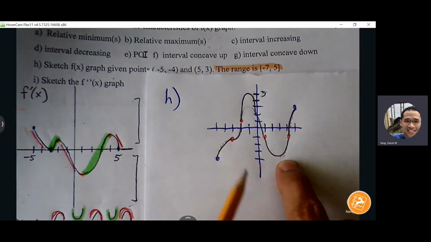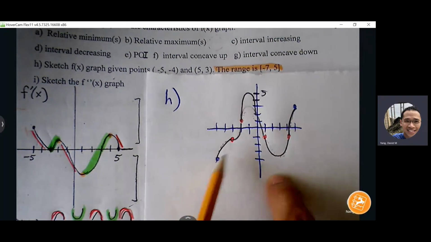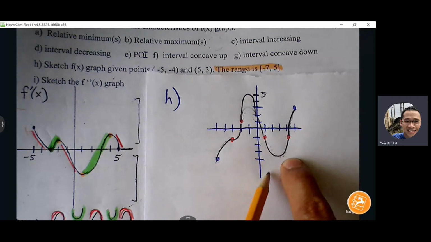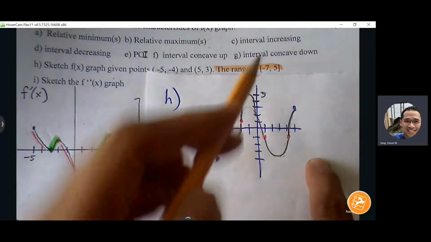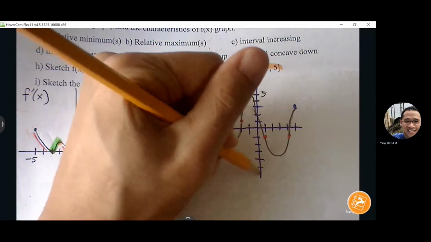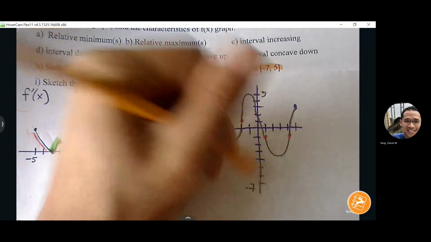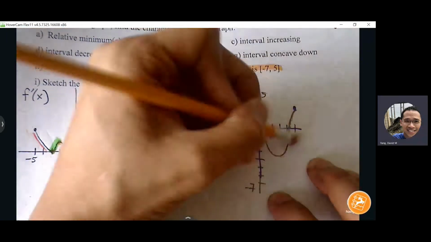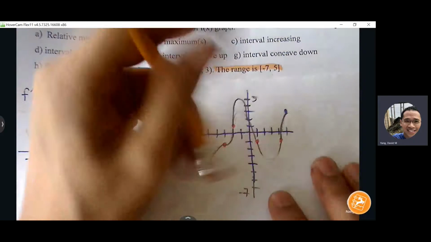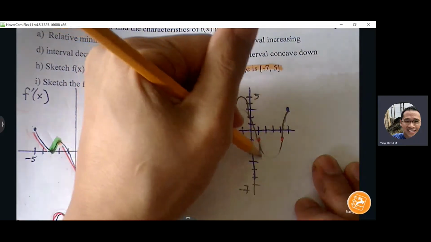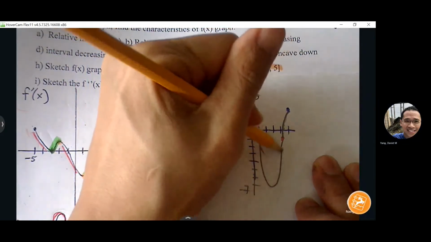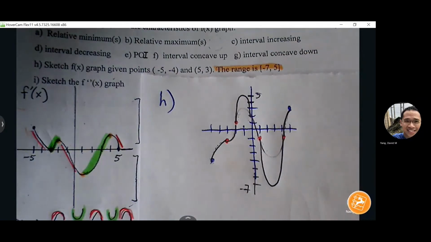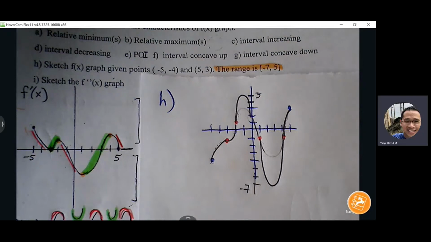This point is set in stone, I can't change it, but I can change that relative minimum and let it go all the way to -7. So I'm just going to erase this part and let the graph dip a little lower here. There we go. So the range is the last thing that you need to do to make sure it fits into that restriction.